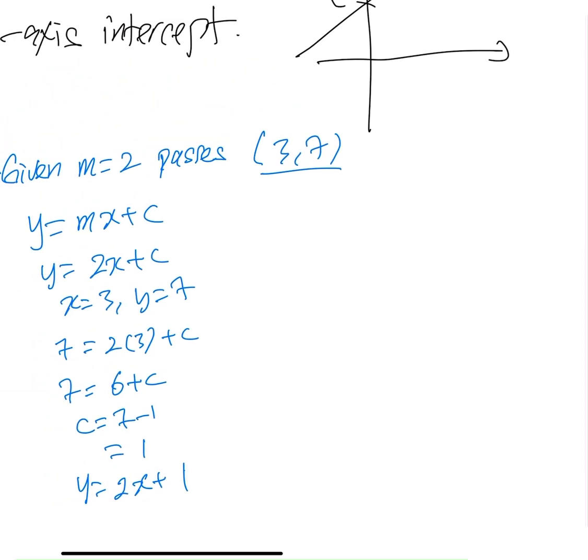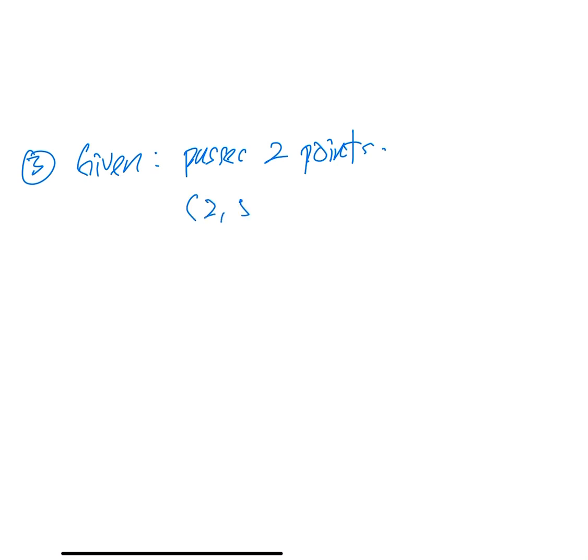The third scenario will be that the question never gives you the gradient. What they give you is that it passes through 2 points. The 2 points are, let's say, (2, 5) and (4, 9). We know that the equation of a straight line is y equals mx plus c.